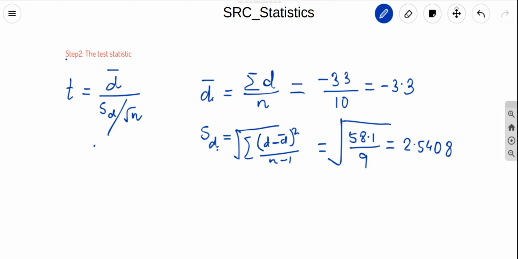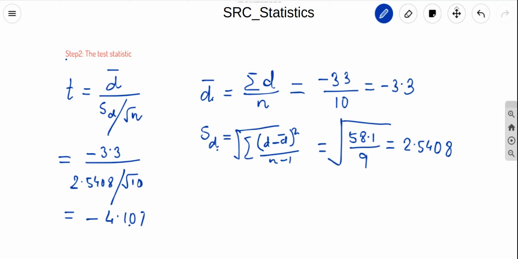Now we put these two values in to calculate the test statistic t. So this is negative 3.3 divided by 2.5408 divided by square root of 10. So the value of the test statistic comes out to be negative 4.107. This is the calculated value of t.